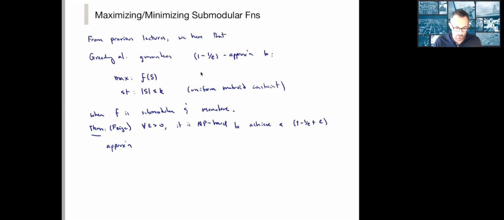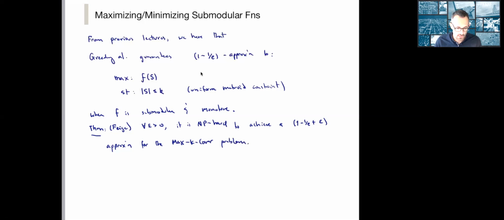And that specific problem is the max k cover problem, which I'll tell you about in a minute. So this is the theorem.